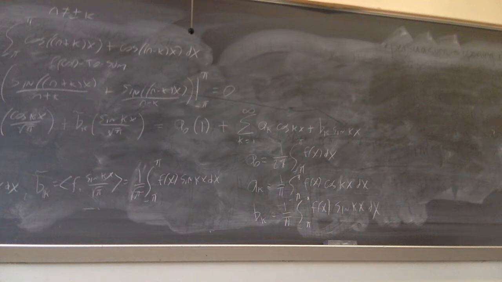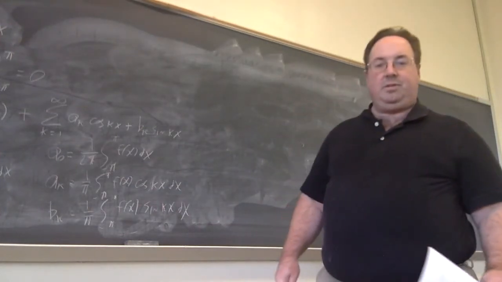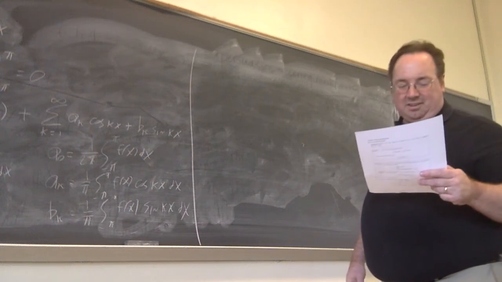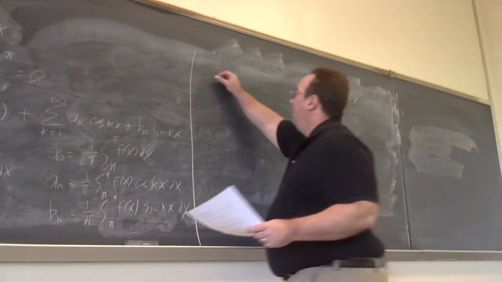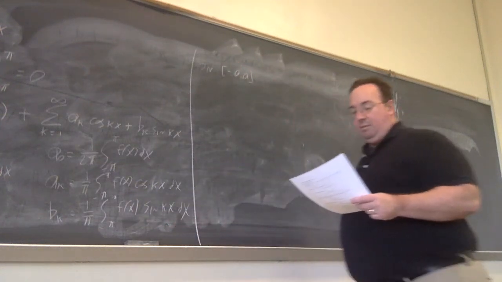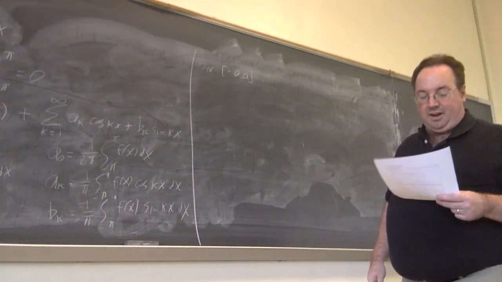Okay. Now, all right. So that's for the interval minus pi to pi. So what if you have, instead of minus pi to pi, we work with minus a to a?